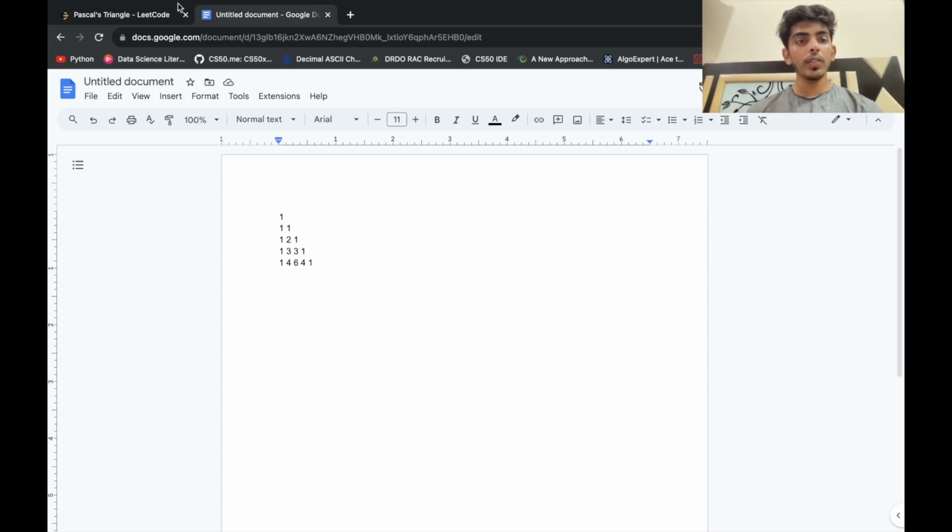So we only have to perform calculation on the inner cells, except the boundaries. We have to calculate on these cells, not this 3 3 and 2. Our approach is, first we make a 2D vector and populate each row with the desired number of columns.